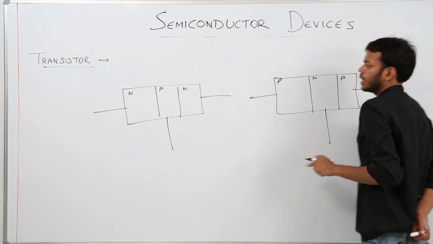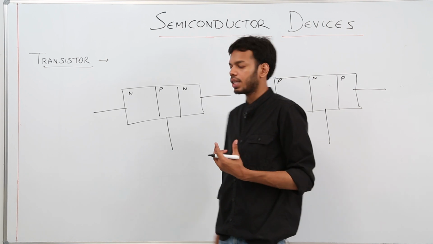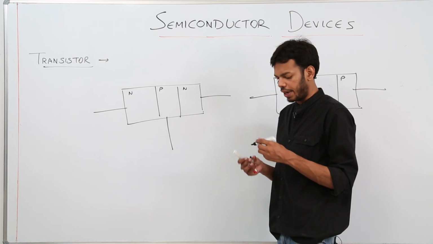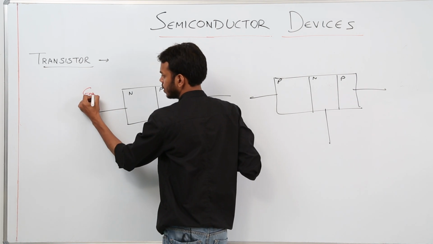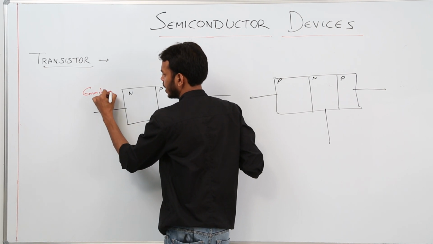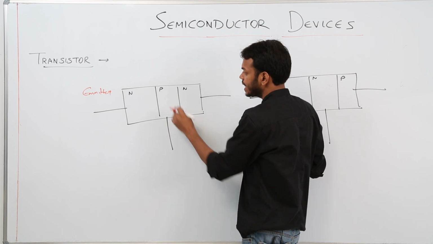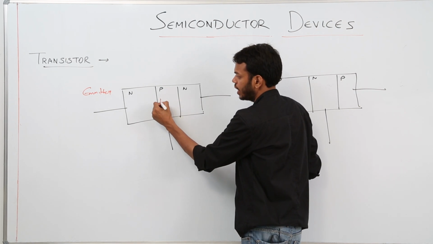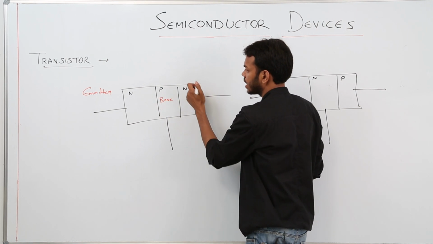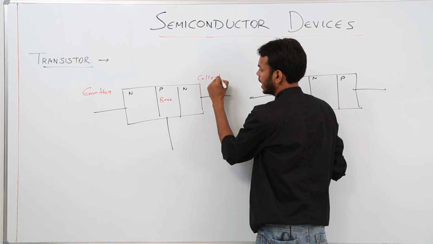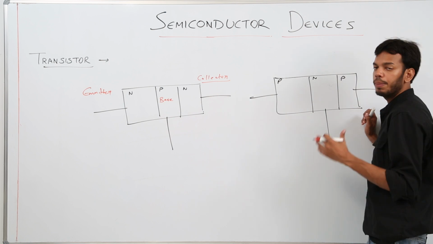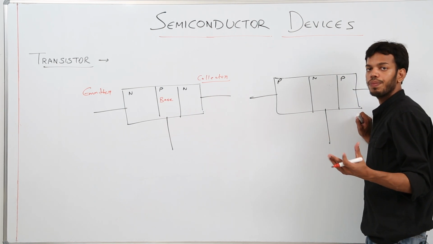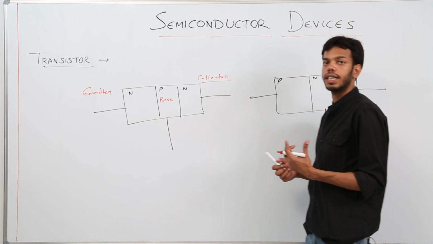Now there are 3 parts for which connections are made. One of them is called the emitter. The central one, which is very lightly doped, is called the base, and the third one is called the collector. These are just nomenclature, which is important while illustrating how a transistor works in a circuit diagram.